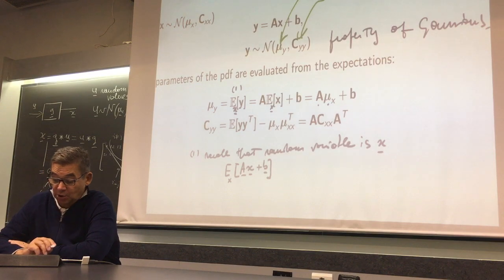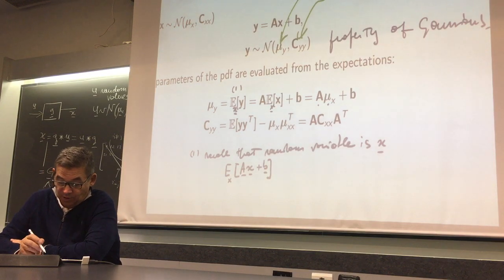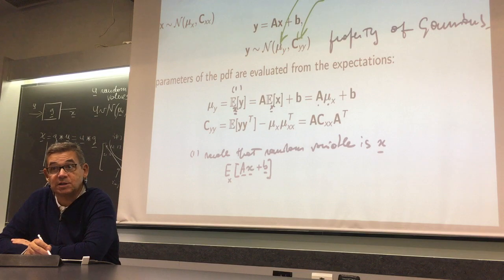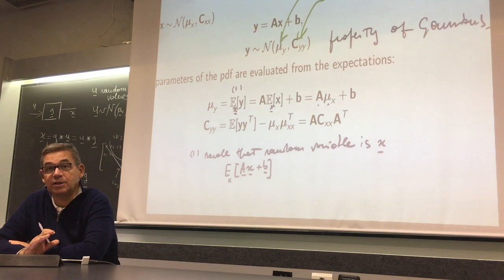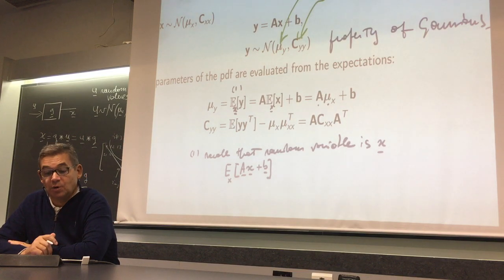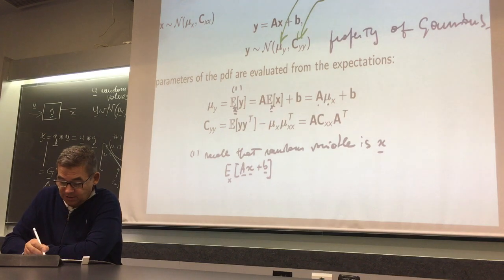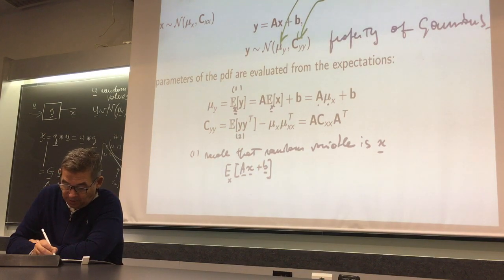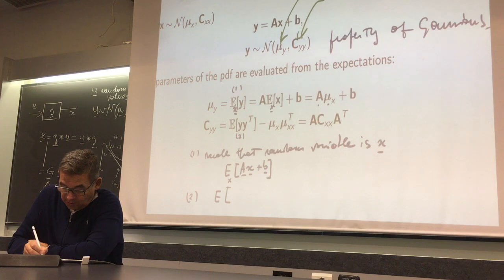Okay? So, CYY. What is CYY? I apply the definition as well. So I apply the definition, this is number 2. What I need to do is apply the expectation on y.